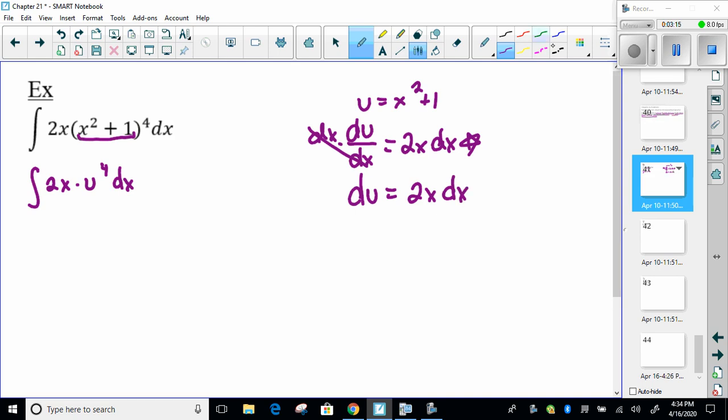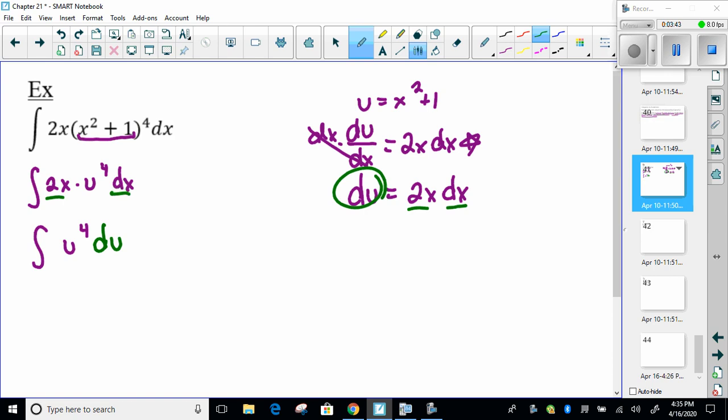And the reason we did that: 2x dx, what does that equal? du. So when I substitute that back in here, I get the integral of u to the 4th du. Now I'm integrating u to the 4th with respect to u. That's fine, my letters match up. So now I integrate this.